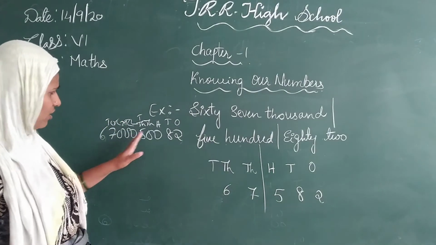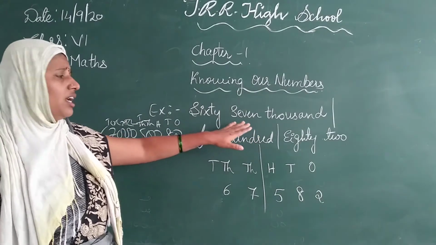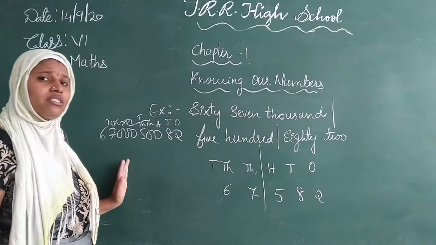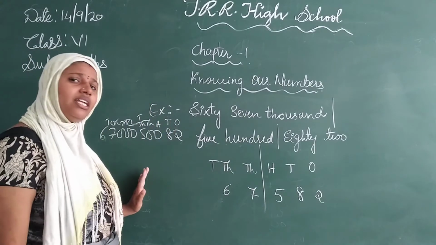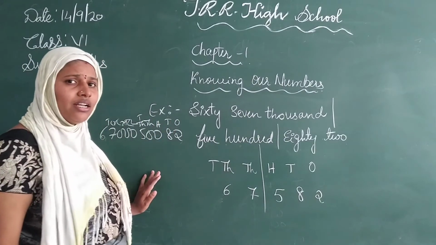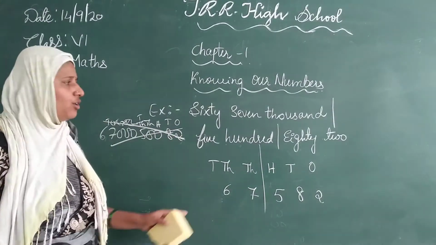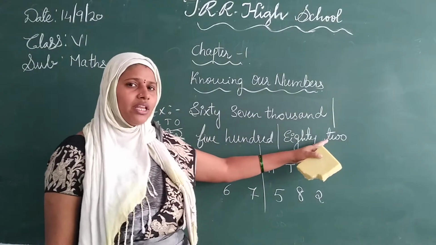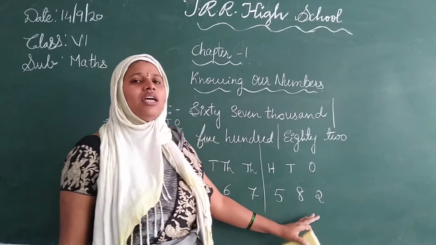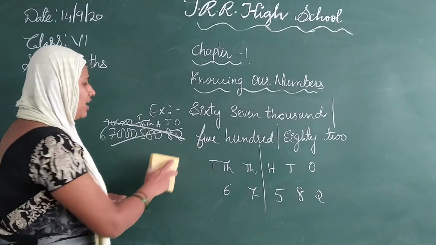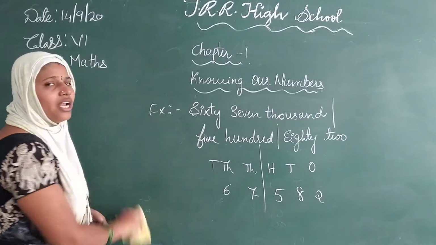The number name given started with 1,000 only. Then from where did you get crores? Whatever you have written is completely wrong, right? So this is the wrong way of writing. You have to divide according to the periods and represent in the place value chart. So this is how we write the number using the number name.